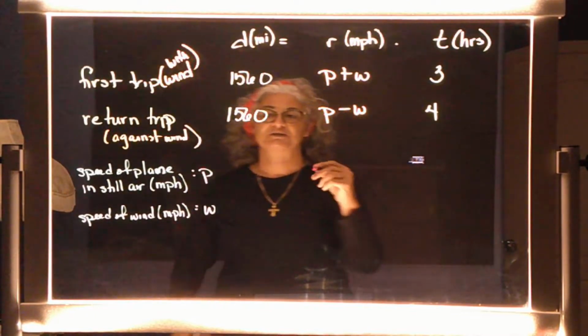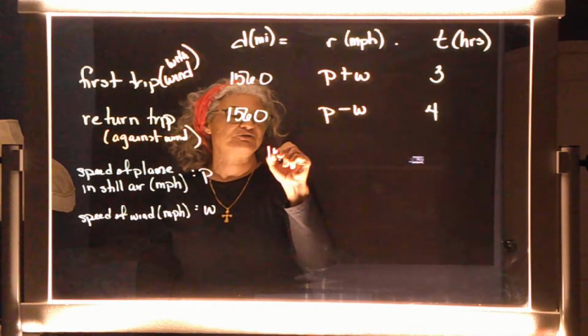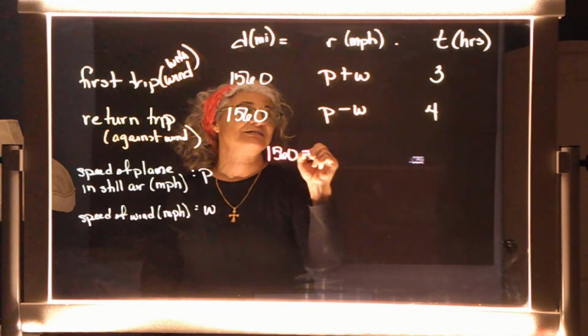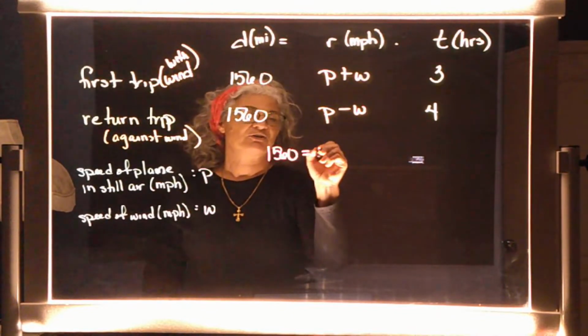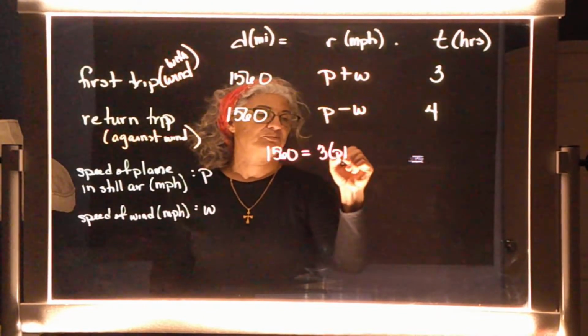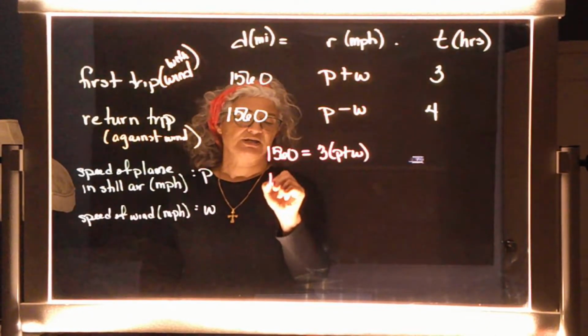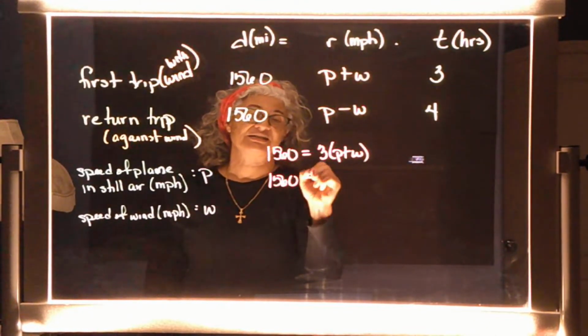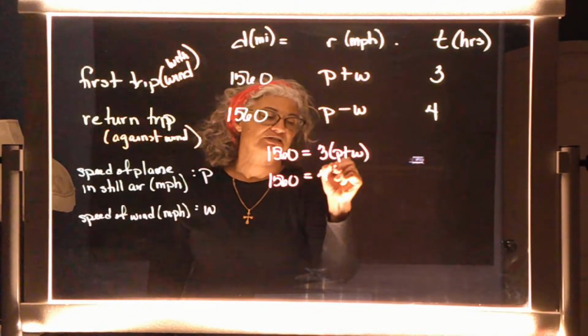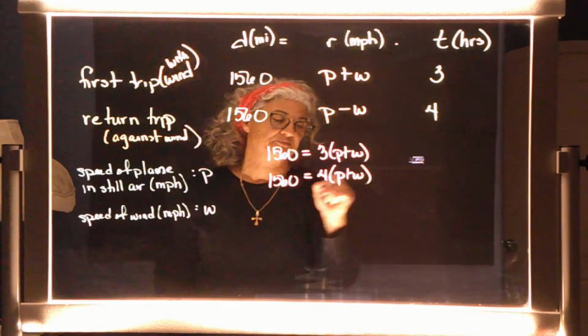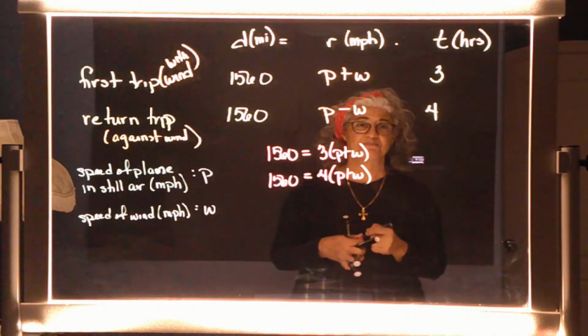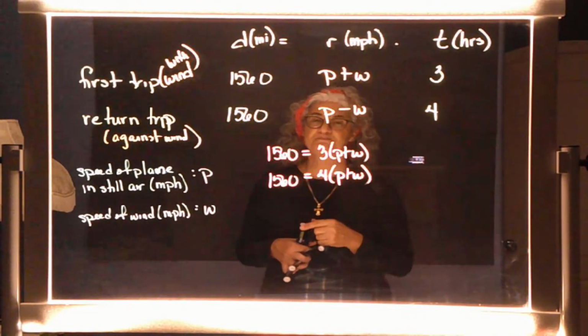So let's take a look. My first trip is 1,560 equals, good, 3 times (P plus W). My return trip is 1,560 equals 4 times (P minus W). Does this make sense?